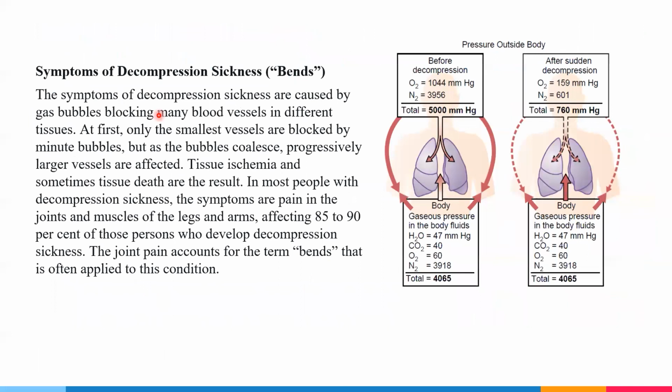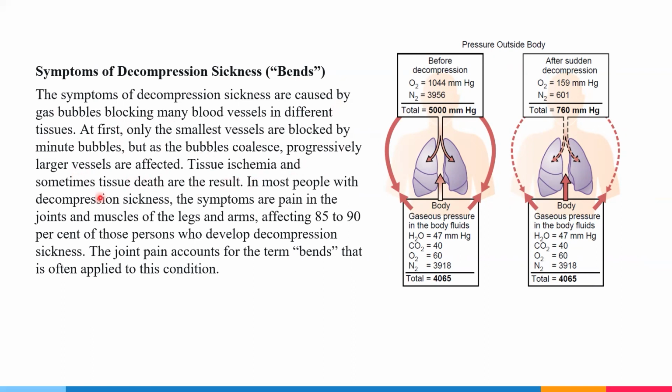The symptoms of decompression sickness, or bends. The symptoms of decompression sickness are caused by gas bubbles blocking many blood vessels in the different tissues. At first, only the smallest vessels are blocked by minute bubbles, but as the bubbles coalesce, progressively larger vessels are affected.